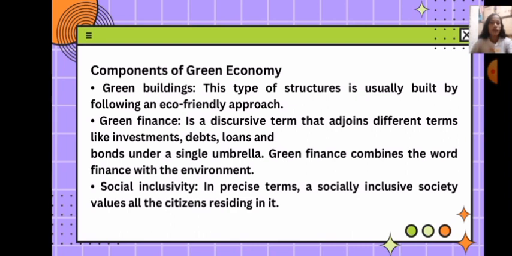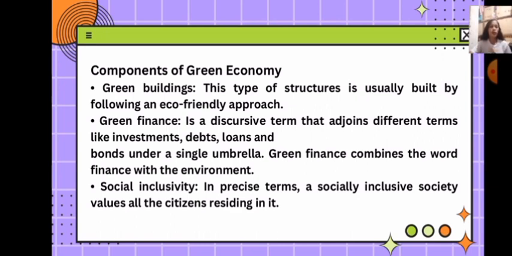So instead of investors investing in companies that use a lot of energy resources, why not invest in companies that promote sustainability of natural resources and at the same time promote the well-being of people.